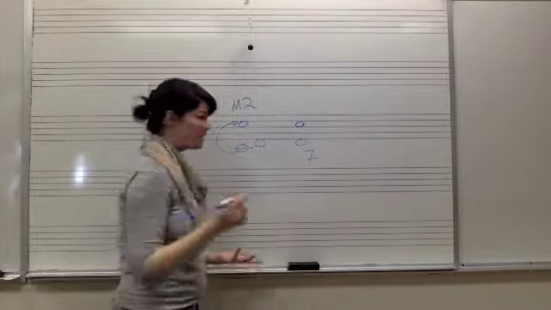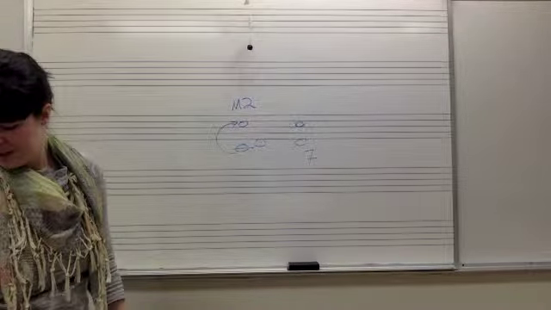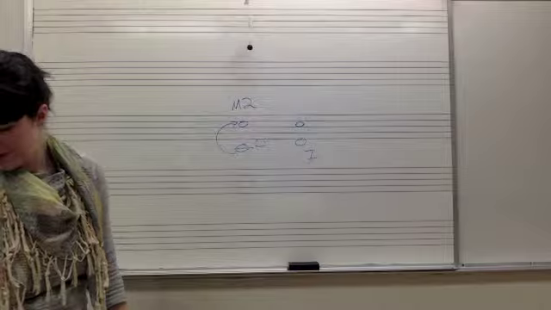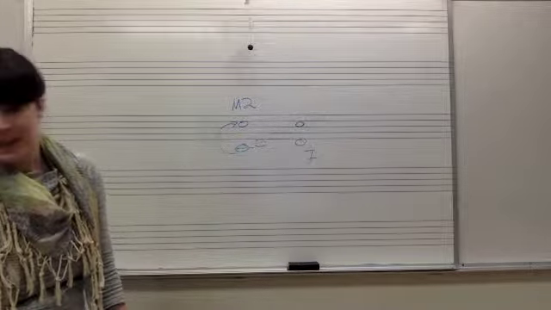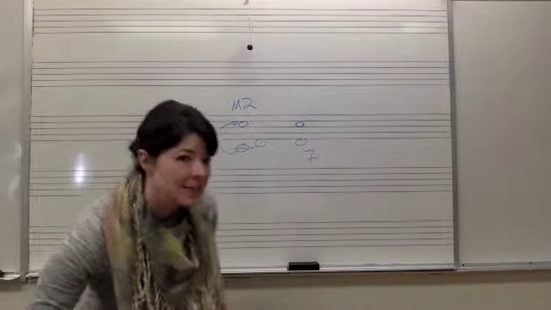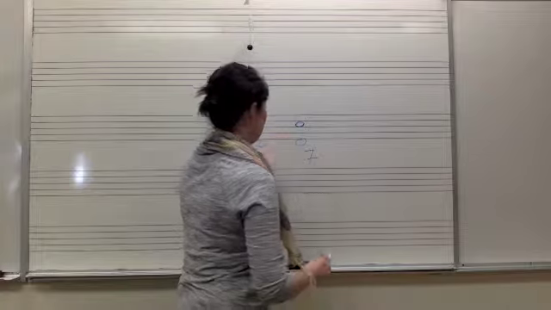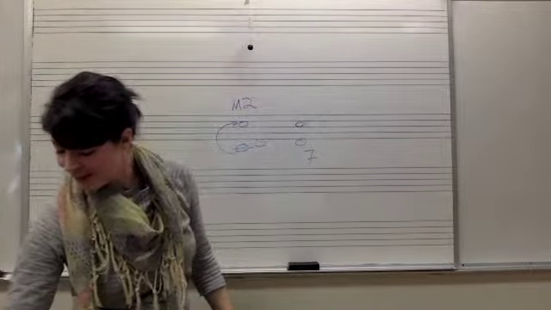And then if we count the half steps, so we've got D, so it's 1, 2, 3, 4, 5, 6, 7, 8, 9, 10. So 10 half steps are in there, which would make it a, does anybody know?